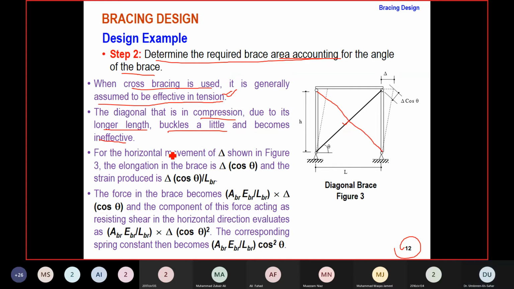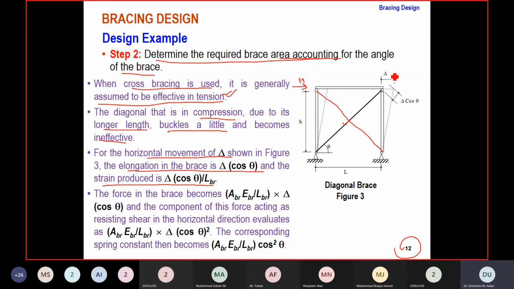For the horizontal movement of the delta shown in figure number 3, the elongation in the brace is delta cos theta, and the strain produced is delta cos theta divided by L_BR. Now that is the same factor. Once you apply the lateral loads, these lateral loads give a lateral response for the frame, a deflection in the lateral direction.